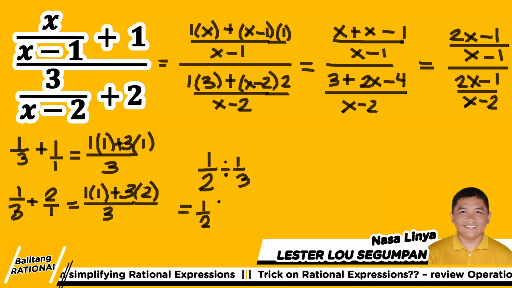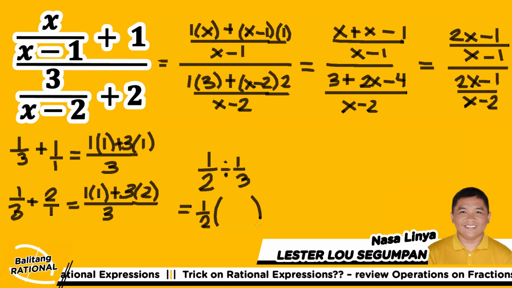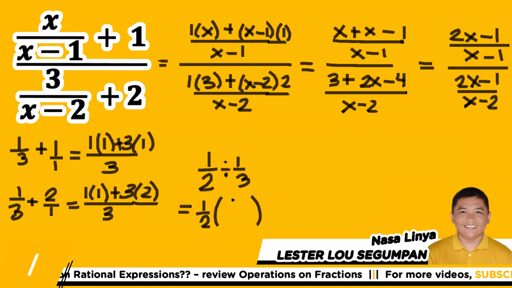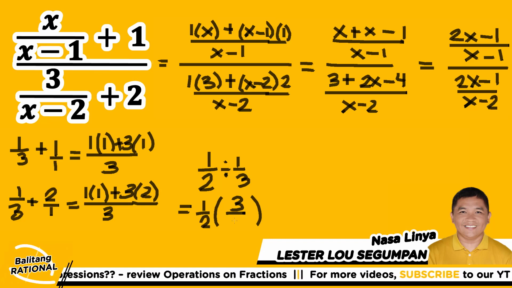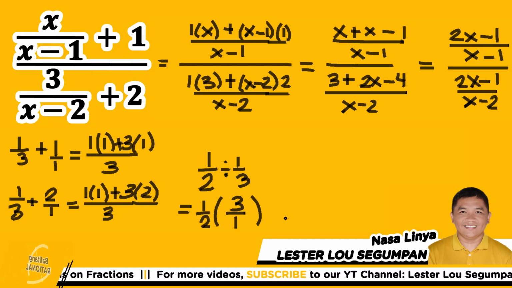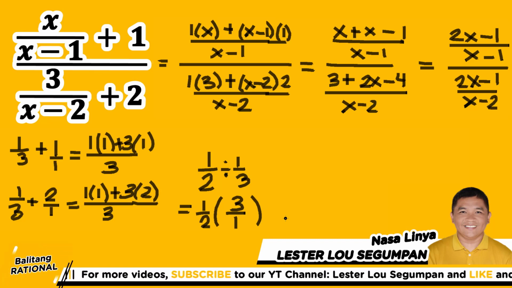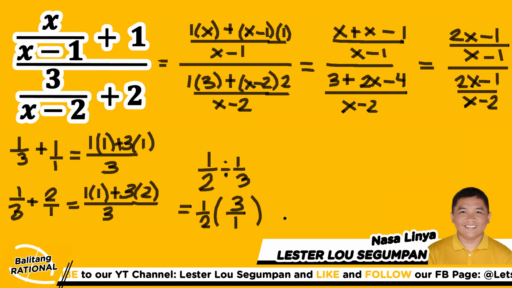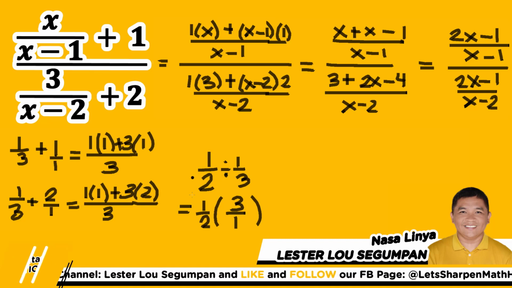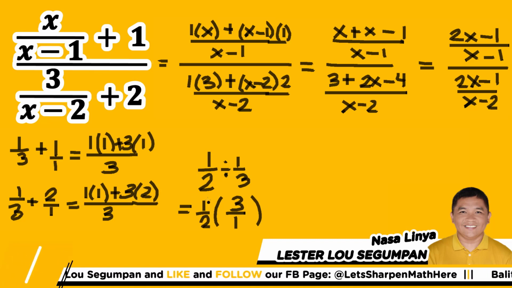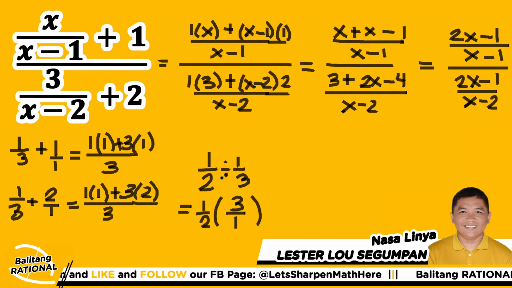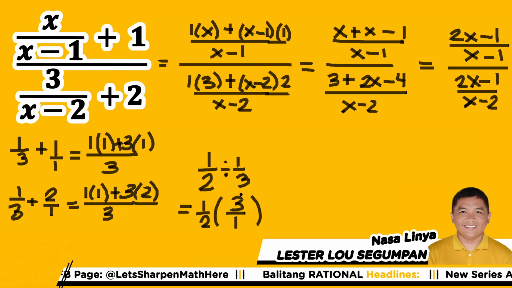Instead of division, you change it to multiplication and you flip now the divisor or reciprocate in a sense. So 3 over 1. This method is very important and we also have supporting video for that explaining why this is applicable. So again, ito na yung nangyari. The first or the dividend was kept. The operation of division becomes multiplication and your divisor was flipped or reciprocated.